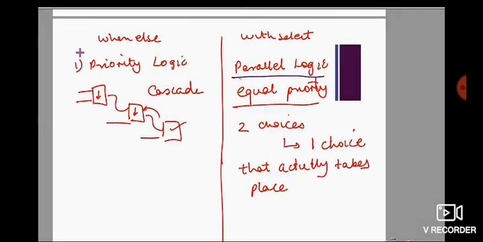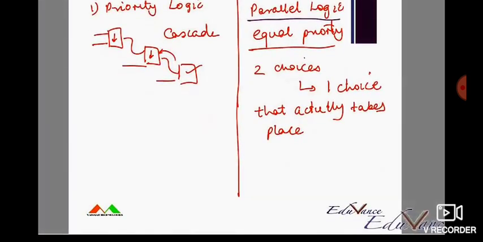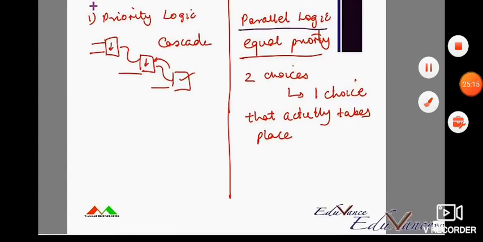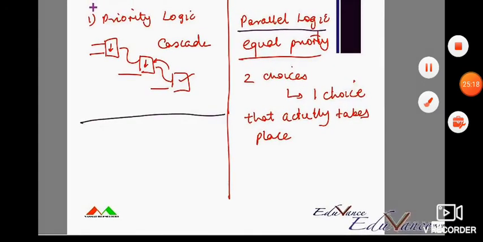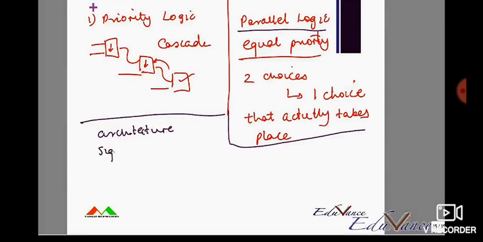So if I have a VHDL design, then I can write the architecture, define my signals, I can have when else, write it, and then I can have with select.